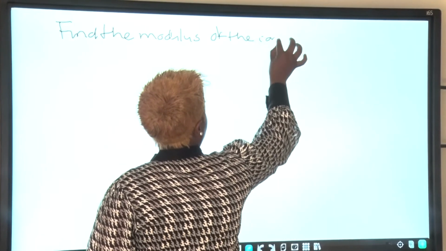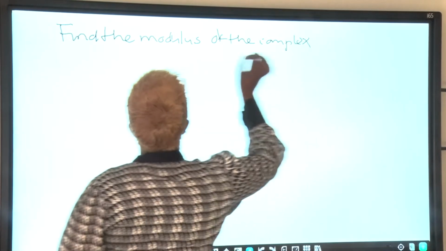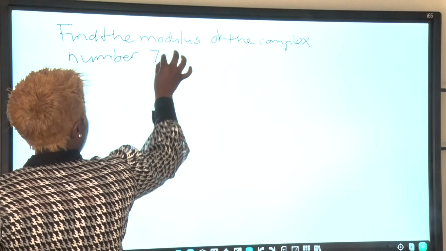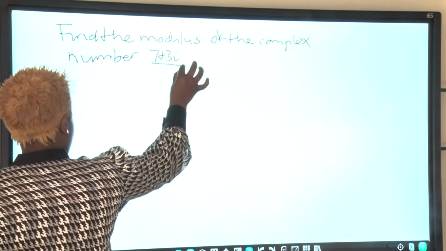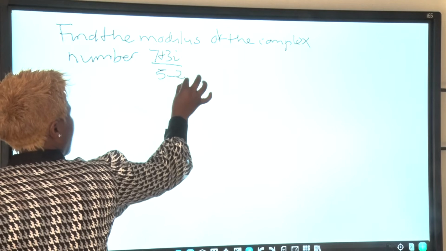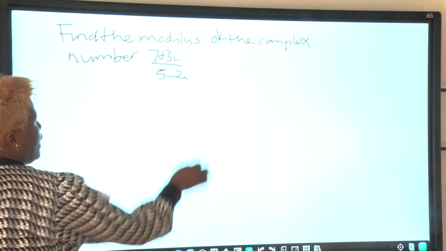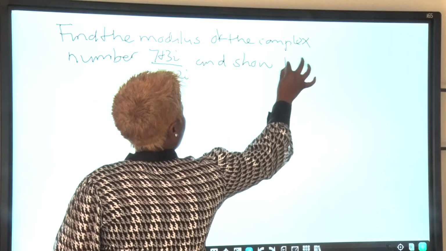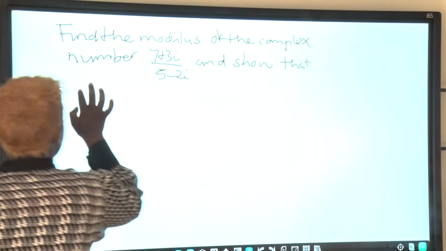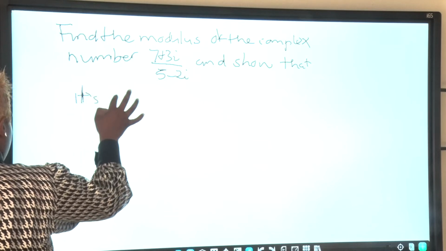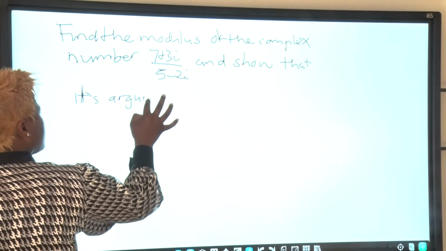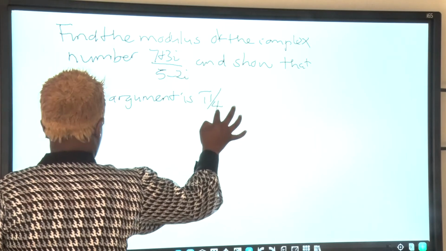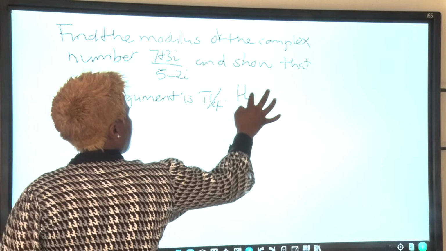The complex number (7 plus 3i) over (5 minus 2i), and show that its argument is pi over 4.